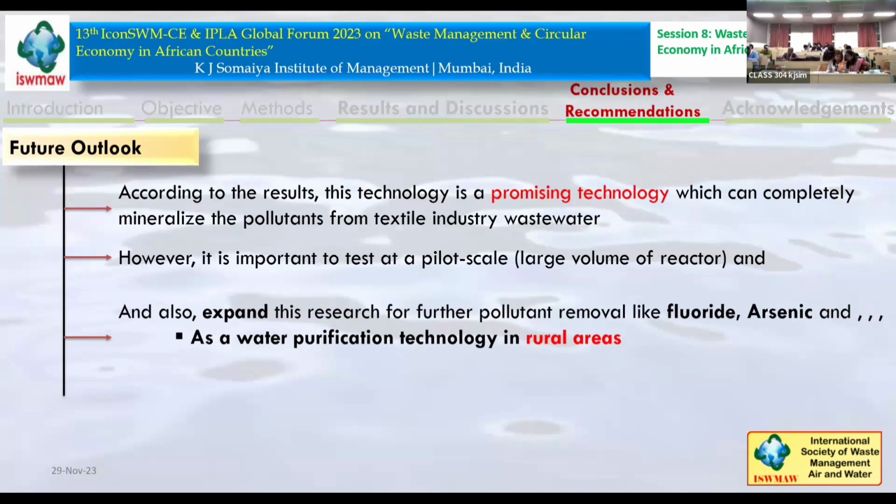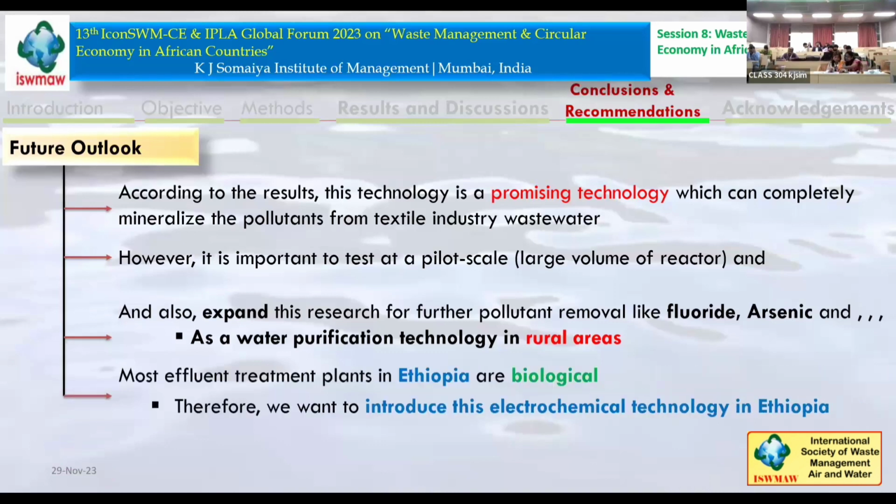We also want to expand this research to further pollutant removal like fluoride, arsenic, and other geogenic pollutants, and also as a water purification technology in rural areas. Also, most effluent treatment plants in my country, Ethiopia, are biological.